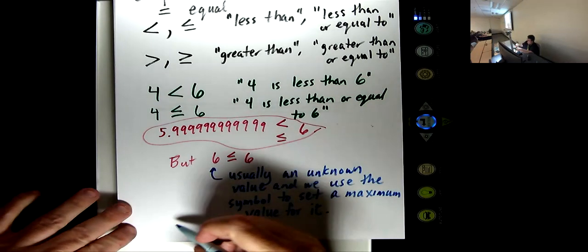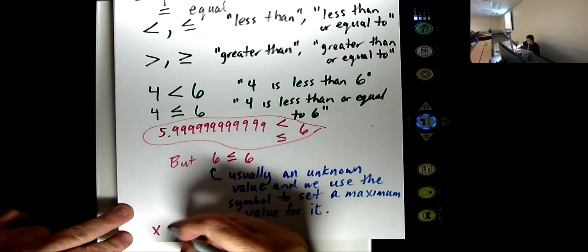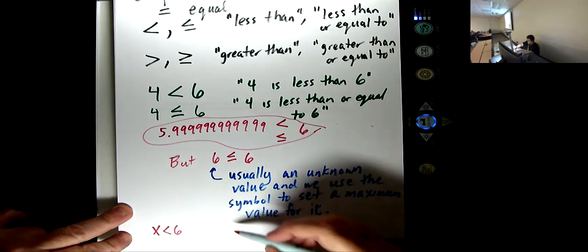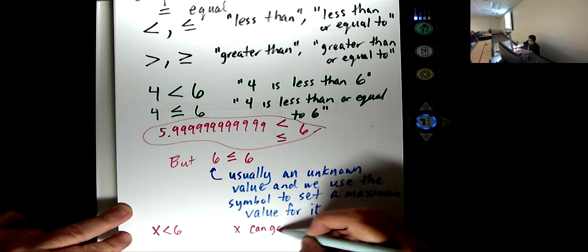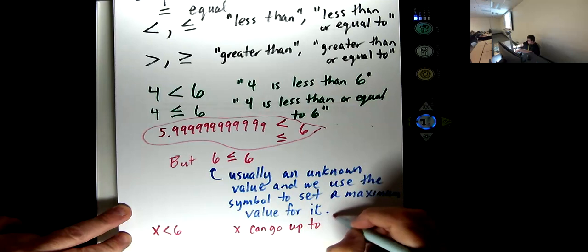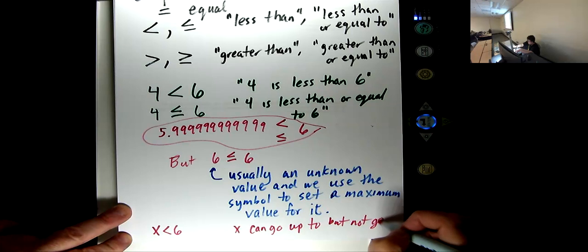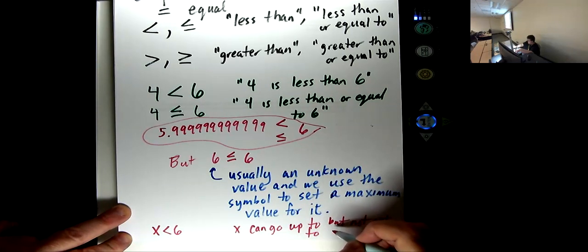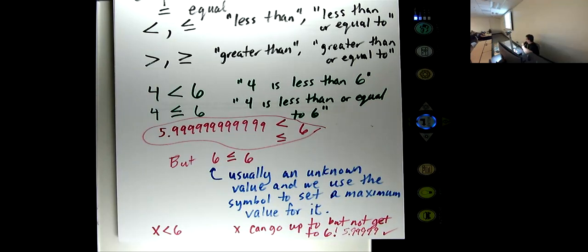So if that was X is less than 6, that means X can go up to, but not get to 6. 5.999999999, that's okay. 5.99999 is not 6.